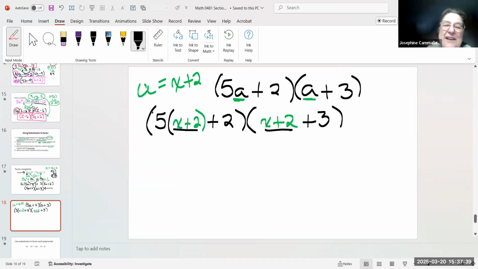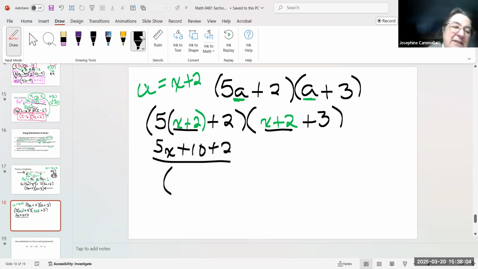I've got to go back and finish this, because the original problem had x's. I've got to come up with x's. Well, you got to be careful right here. This is giving me 5x plus 10. I can say plus 10, but I didn't write it. Plus 2.